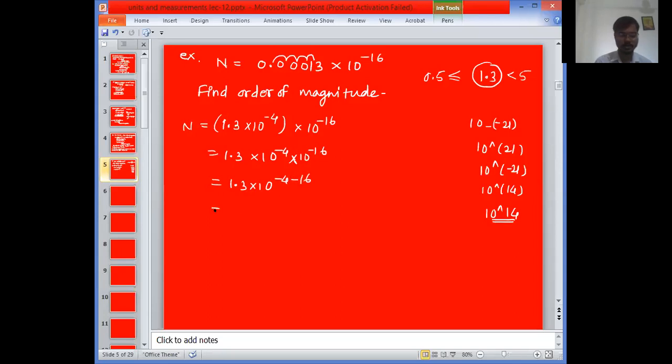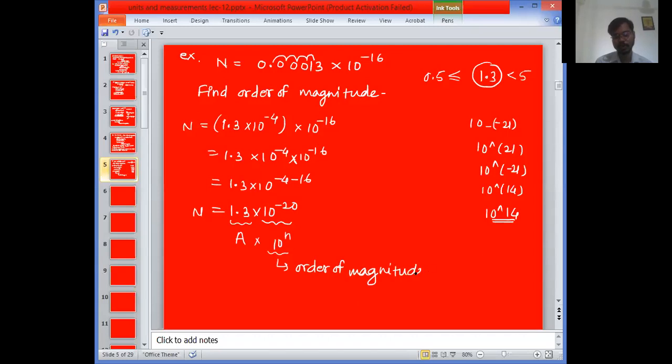Minus 4 minus 16 is minus 20. So now we have written the given number in terms of scientific notation. This is the 10 raised to n part, and this is the a part, right? This 10 raised to n part is called the order of magnitude.